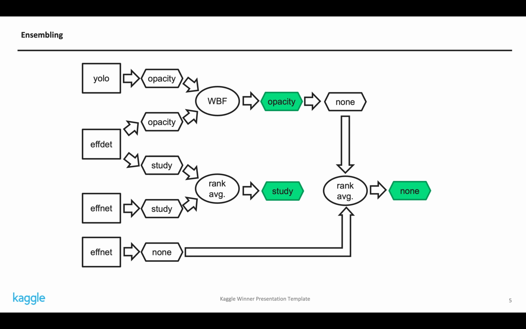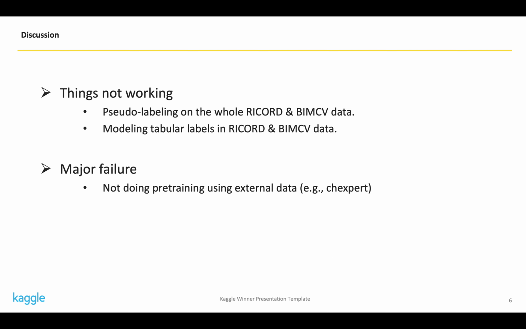The reason to use rank average instead of simple arithmetic average is that the evaluation metric is kind of ranking based, so it's a more reasonable choice. Same thing for the study level labels. We blend the study level labels from EfficientDet and EfficientNet and do rank average to generate the final prediction.